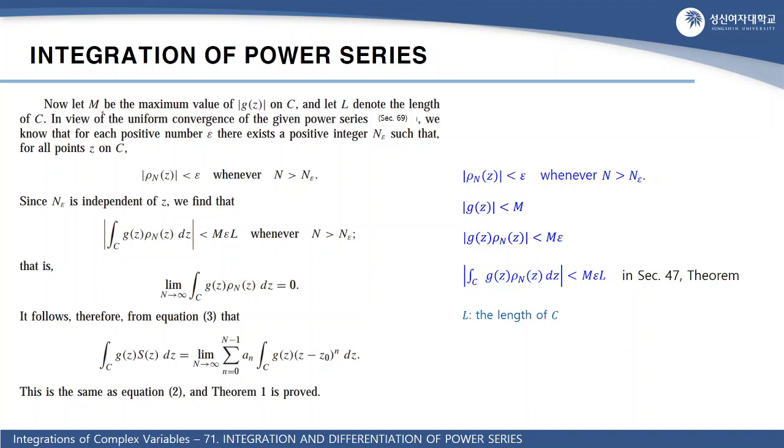Now let large M be the maximum value of the absolute value of g on the contour C, and let large L denote the length of the contour C. In section 69, we have the uniform convergence of the given power series.